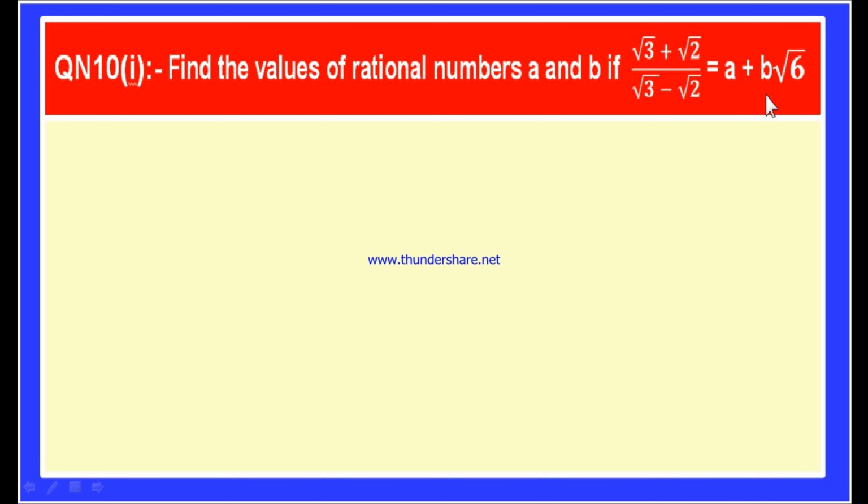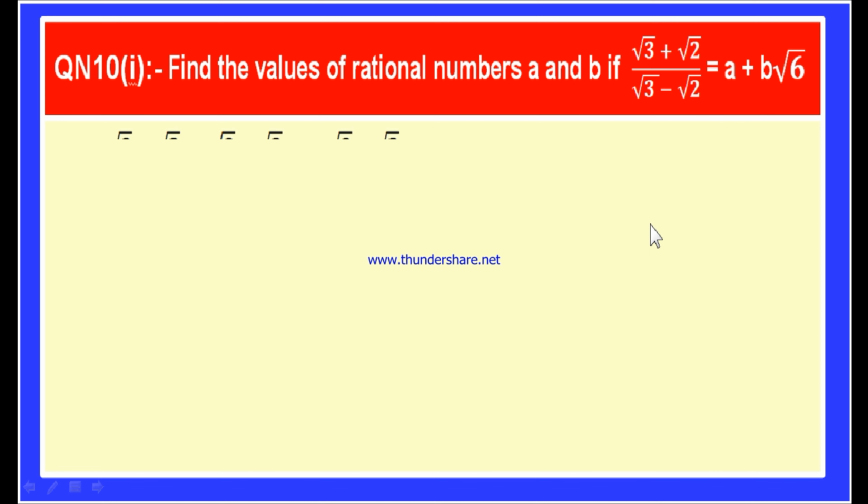If you write this in this form, then you have to find the values of a and b. Here in LHS you can find an irrational number at denominator, but whereas at RHS the denominator is 1. Therefore you have to rationalize the denominator in this case. Okay, let us go for the solution.